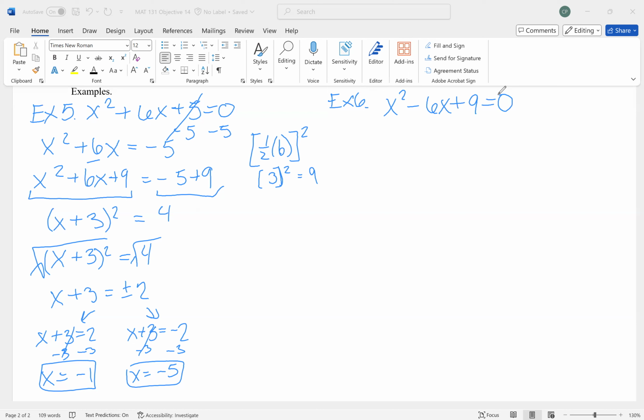Remember, we're trying to do the completing the square method. So this plus 9 here, we're going to have to move to the other side by subtracting 9 from both sides. So we're going to have x squared minus 6x equals negative 9.